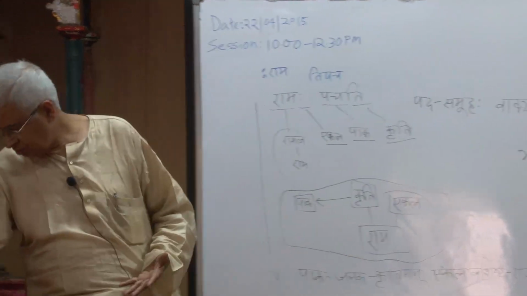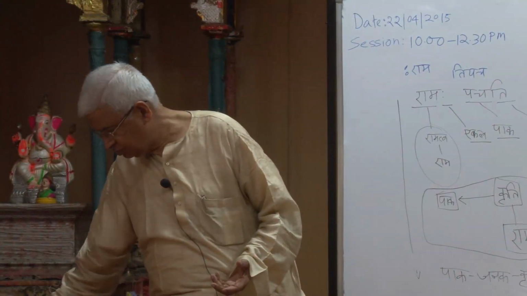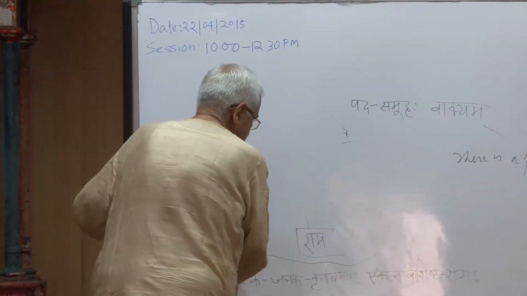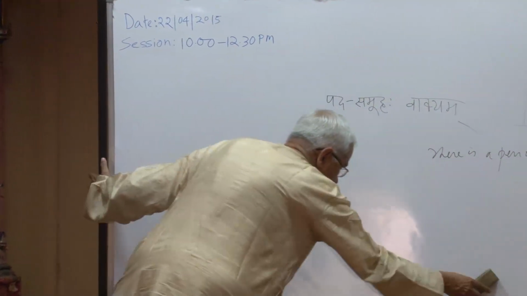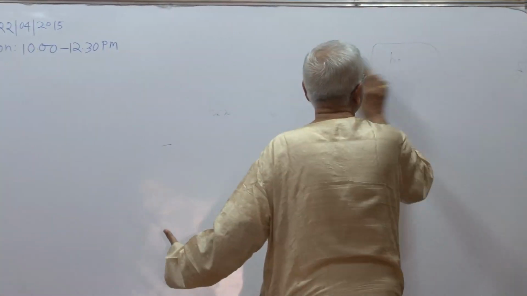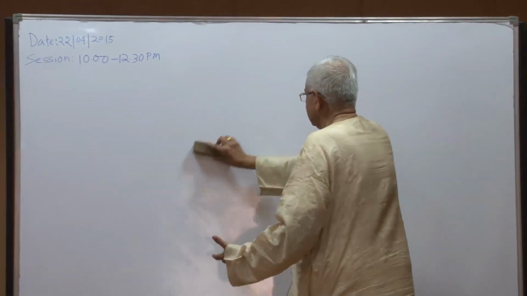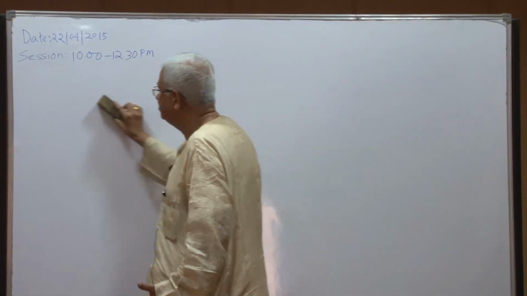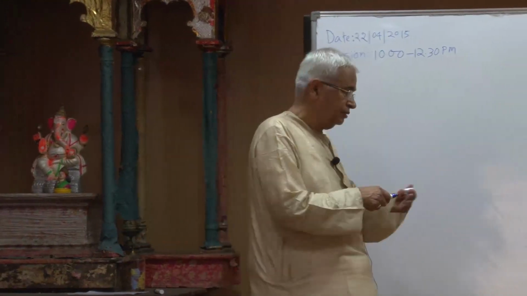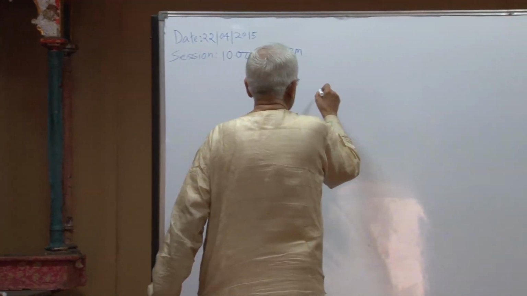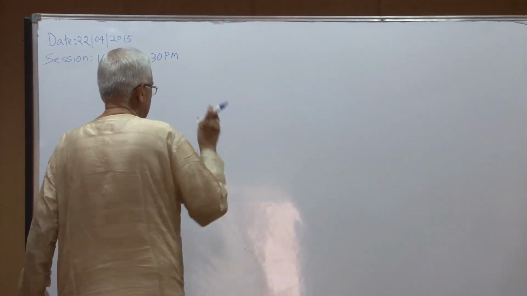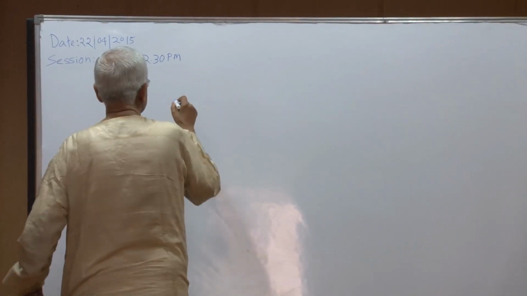Okay. So let me put this for you a little. Let me make a universal model of decoding again. This is what is happening according to Nyaya. So suppose a sentence has been uttered and it has been received by a person.